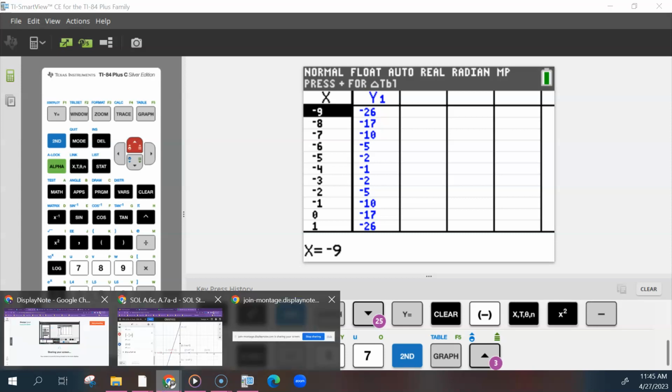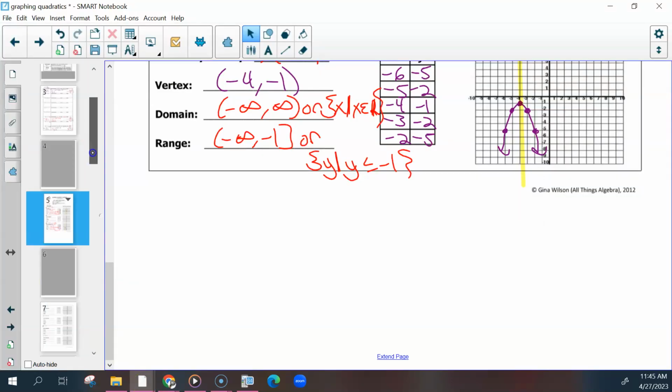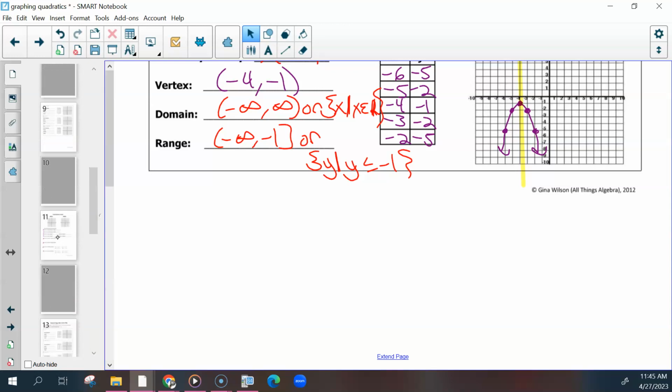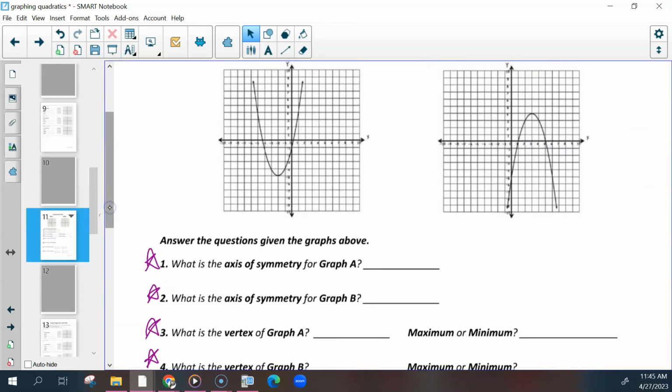I'm going to show you one at Desmos here in 1 second. Go to this page. We're not going to do all of this, I just want to point out a couple things. All the examples we did, we were given the equation, not the graph, and these you're given the graph.